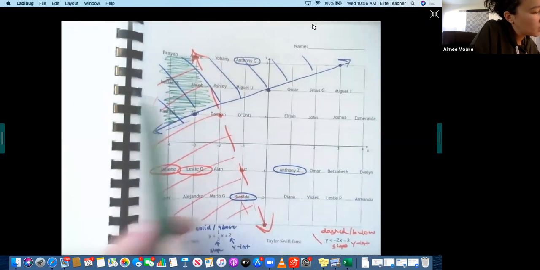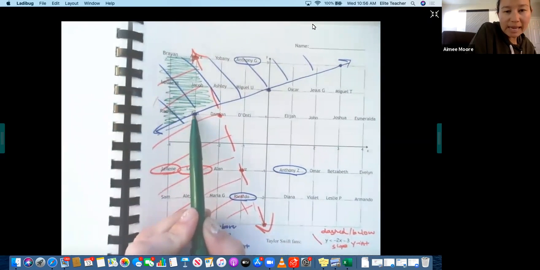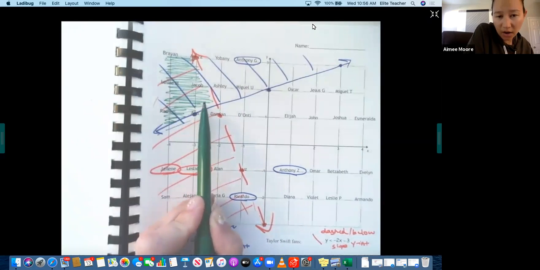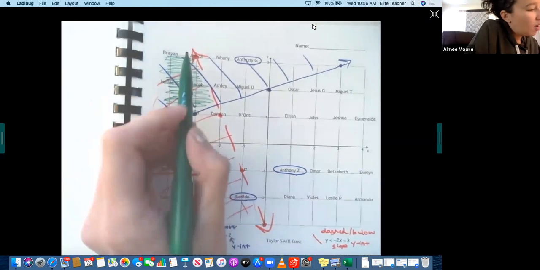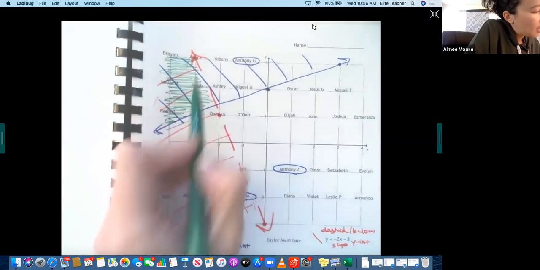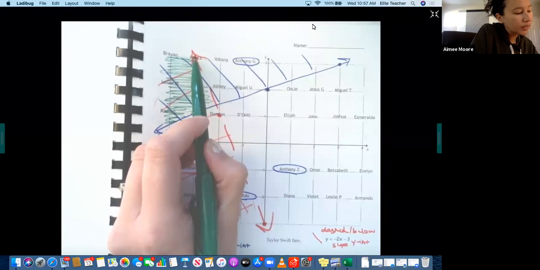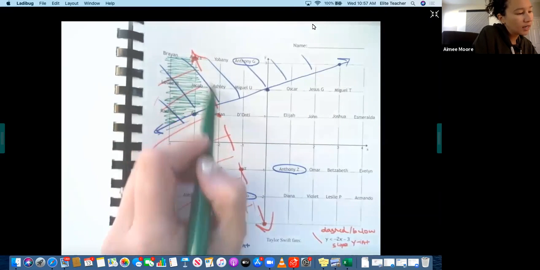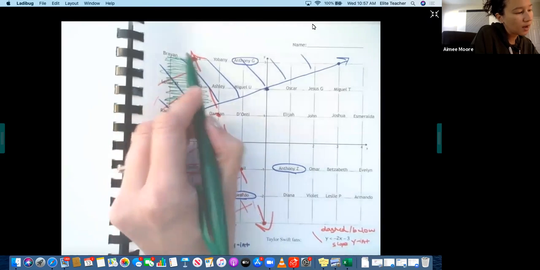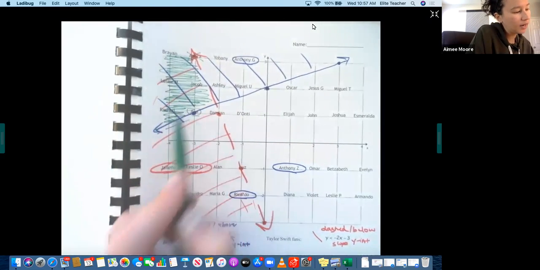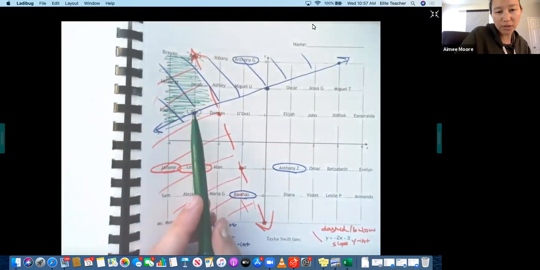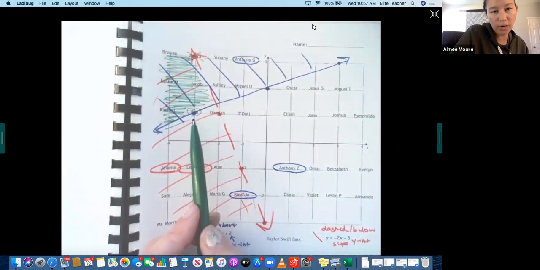So how many students are there? So remember, we would count the students on the solid line that are also in the red shaded region. And then we have Afra right here, though, who is not, remember, a Taylor Swift fan because they were on the dashed line. So we're not going to count that one, but we are going to count that one because it's on the blue solid line and in the red shaded region.